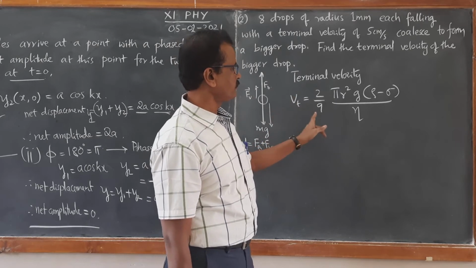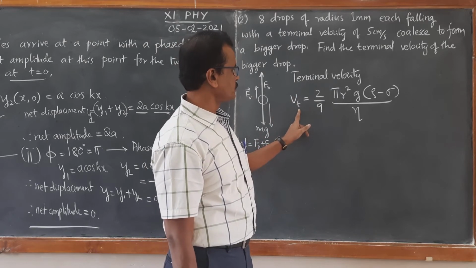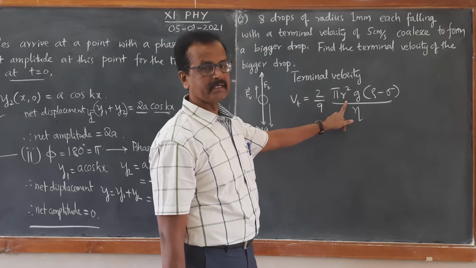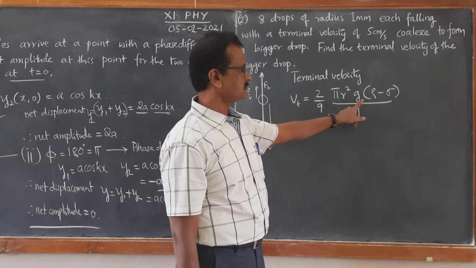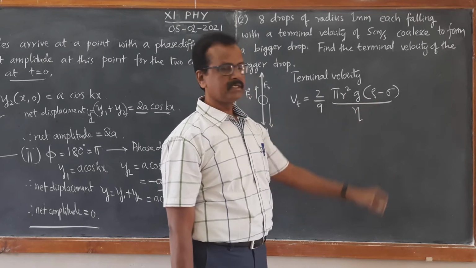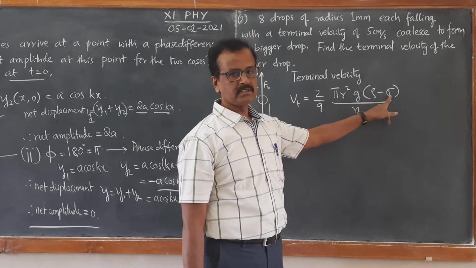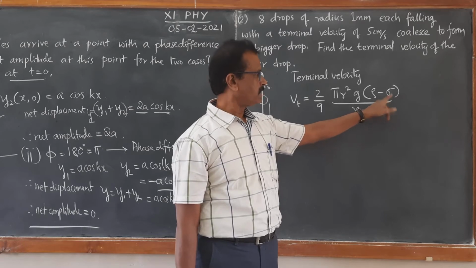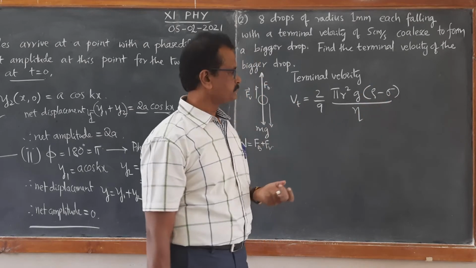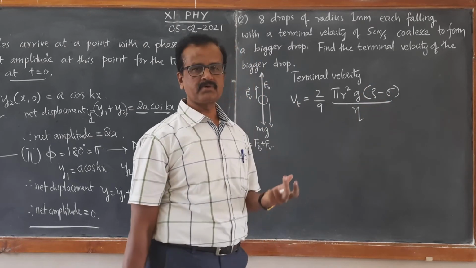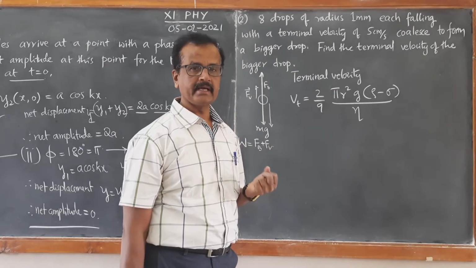Now you can note down from this, the terminal speed is directly proportional to the square of the radius, where r is the radius, g is acceleration due to gravity, rho is the density of the falling water drop, sigma is the density of air, and eta is the coefficient of viscosity of the air.